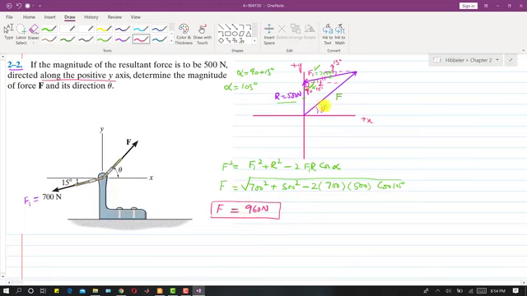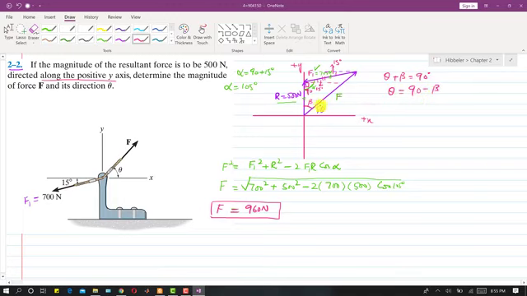And now we are asked to find this theta. Let's suppose this angle is beta. As we can see, theta plus beta is equal to 90 degrees. We are asked to find theta, so theta will be equal to 90 minus beta.